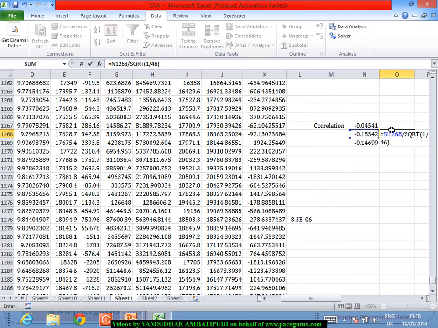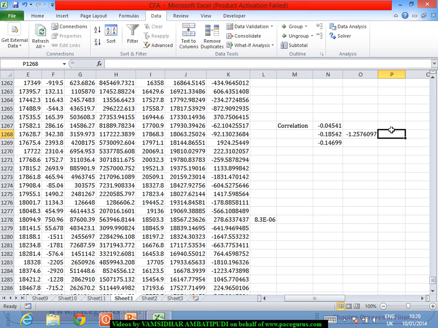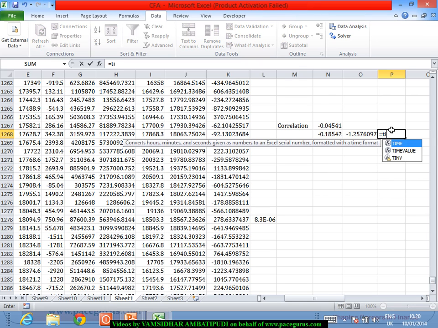The calculated t value is coming out to minus 1.25, and for me the critical value is with t minus 2 degrees of freedom. T is 46, so 44 degrees of freedom is what I will look at.